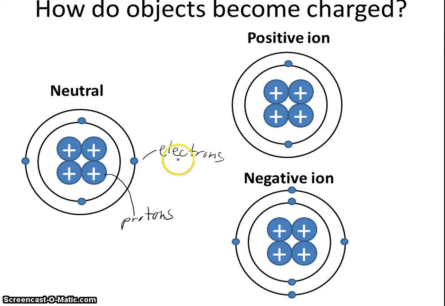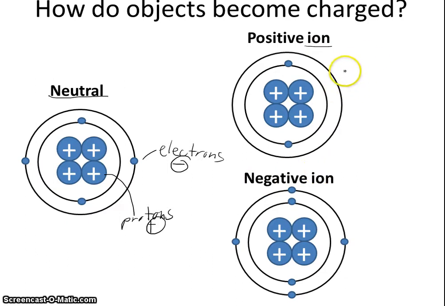When you have an equal number of electrons, which are negative, and protons, which are positive, they will be neutral because you have a balance of both types of charge. However, if you have an unbalanced amount of charge, you have what we call an ion, and you can have a positive ion or a negative ion.